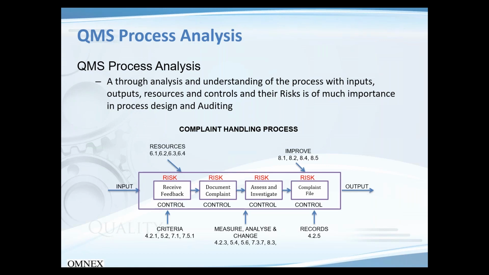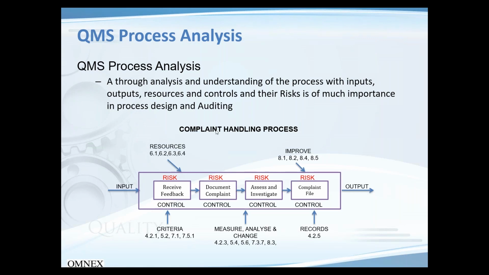Here I have given an example of a complaint handling process. There are of course inputs, complaints coming into it, and outputs going out, but in between the input and the output there are several activities happening, and several requirements. There is receiving the feedback from the customer, then documenting it, then making sure if it is a complaint, and also if it is a reportable complaint, and also keeping a complaint file.